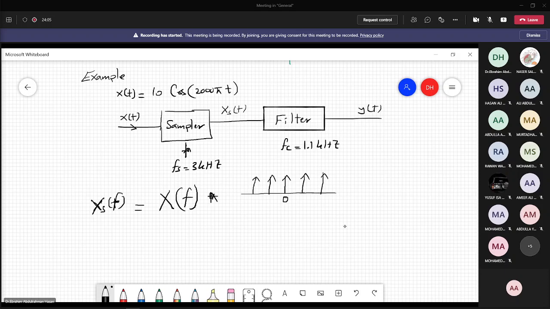So this is 0. fs is equal to 3 kilohertz, so this is 3, 6, minus 3, minus 6 and so on, where f is in kilohertz.